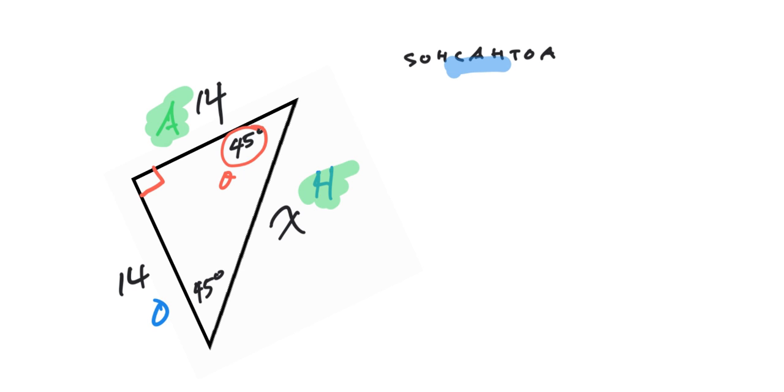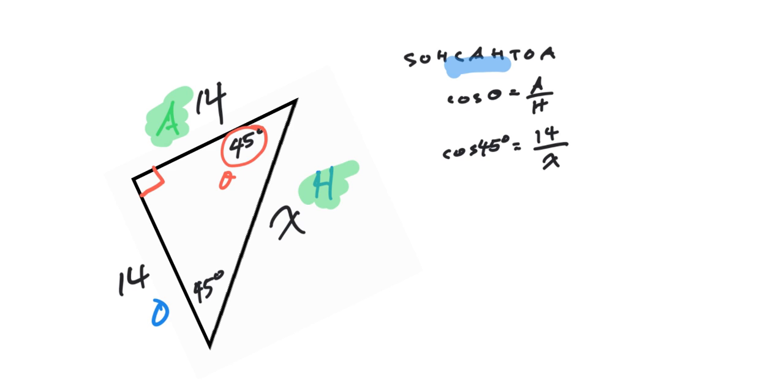So now let's begin by doing the calculation. So now we're going to write cosine of theta is equal to A over H, and we're going to substitute accordingly. In this case, we've got cosine of 45 degrees is equal to 14 over x.